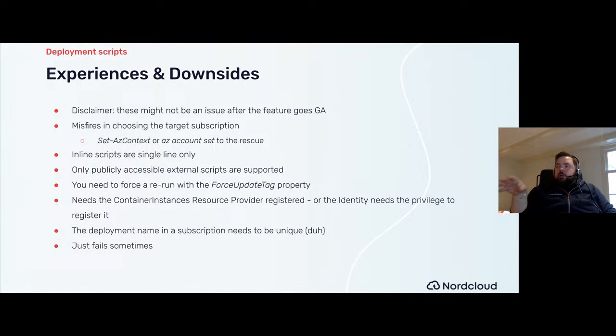Basically, what I mean is that if I run a deployment script in subscription A, for some reason it doesn't know that it's supposed to be running in subscription A, but tries to do that in subscription B. It still happens even though the managed identity doesn't have access to that subscription, and we tried everything we could think of, but it didn't make a difference. It basically just says that this managed identity doesn't have access to do this in this subscription, which we never wanted to do in the first place.